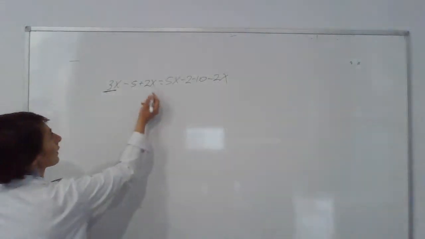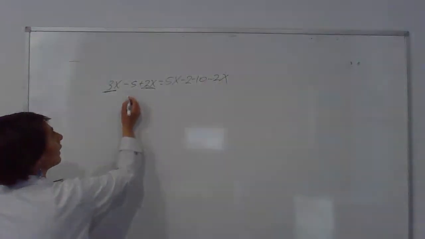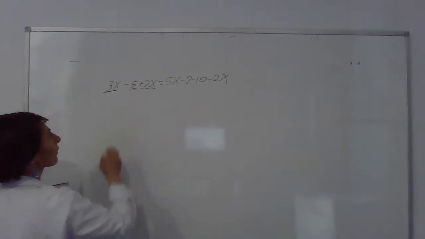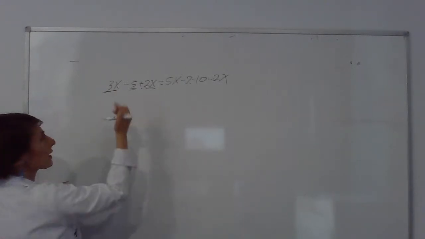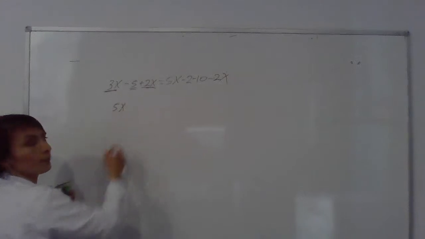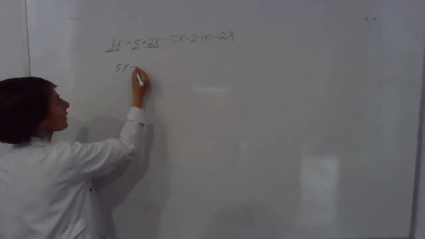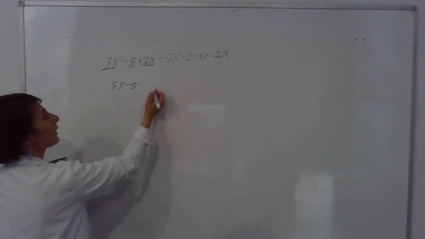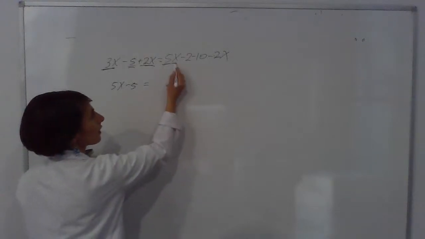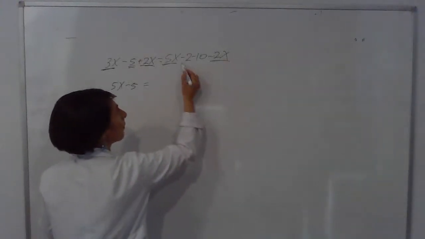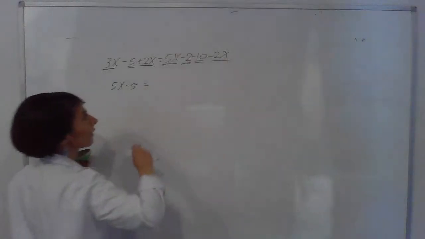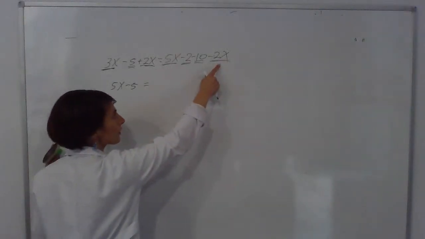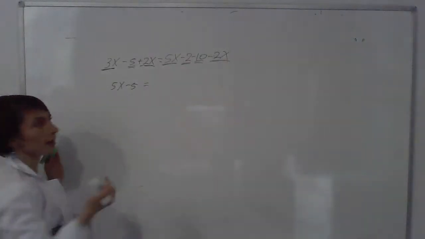So x, and this is my number. 3x plus 2x equals 5x, okay? Minus 5, because this is the only number, equals 5x and 2x here, minus 2 and minus 10 here. 5x minus 2x equals 3x.